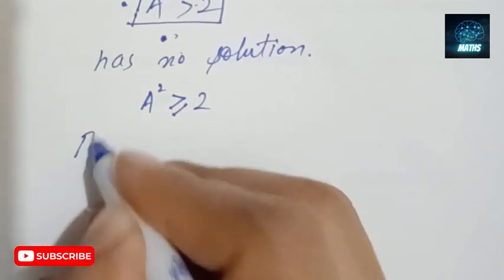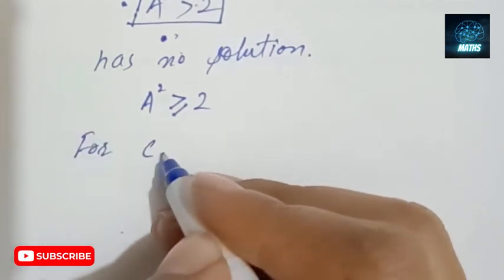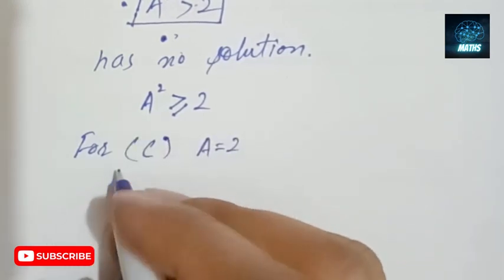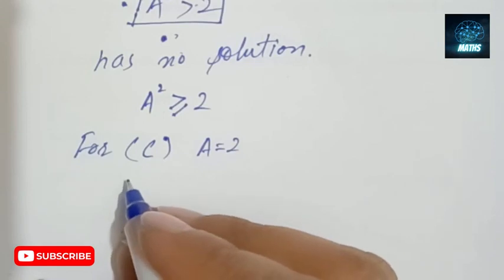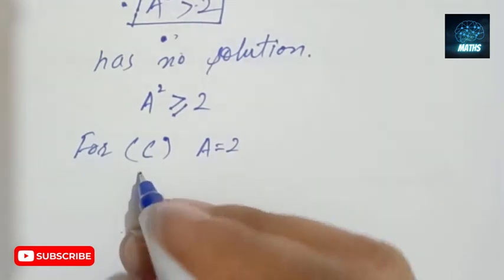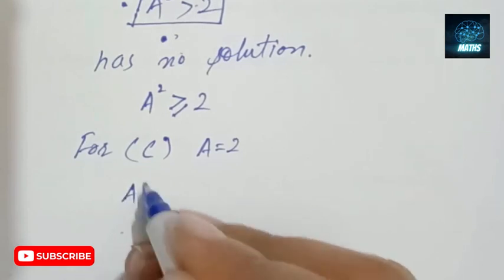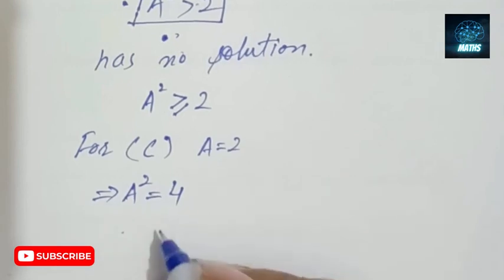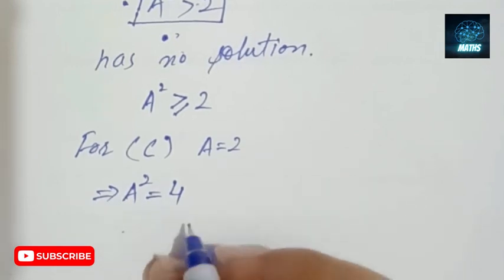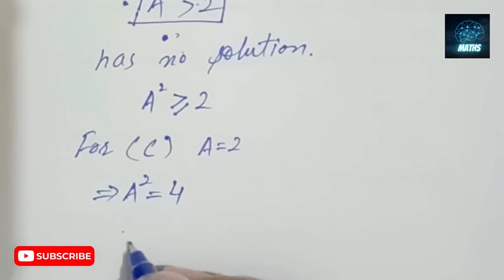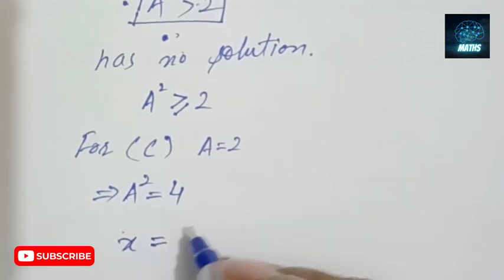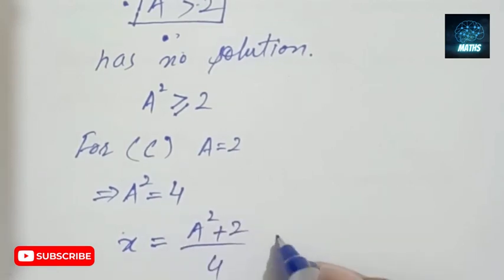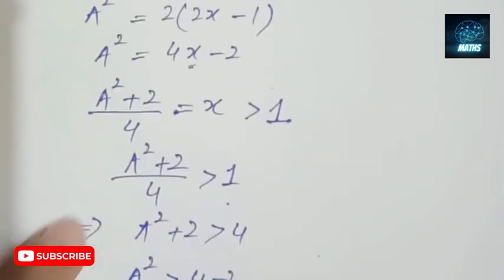So for C, the third case, that is a is equal to 2, we have a is equal to 2. Which means that a square is equal to 4. So the only solution in this case, if a square is equal to 4, x, as we know that x is equal to (a square plus 2) over 4, which is greater than 1 here.